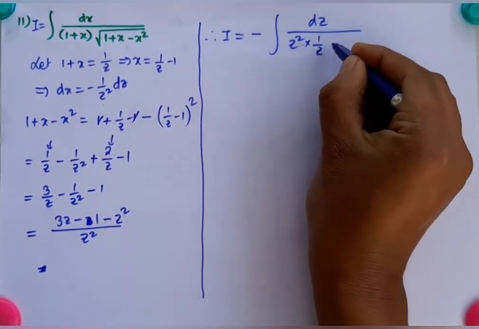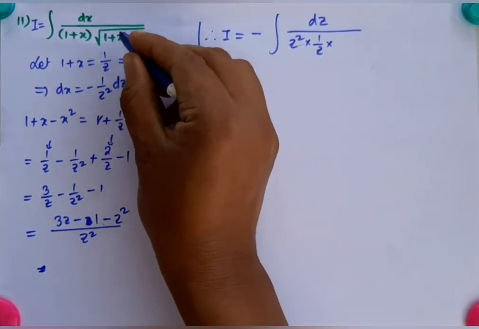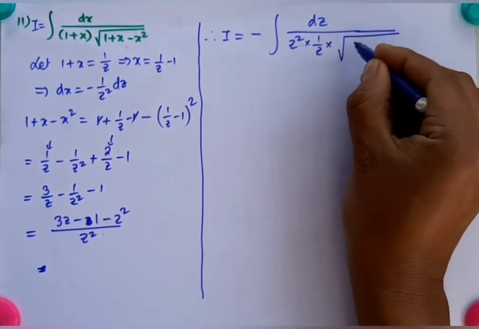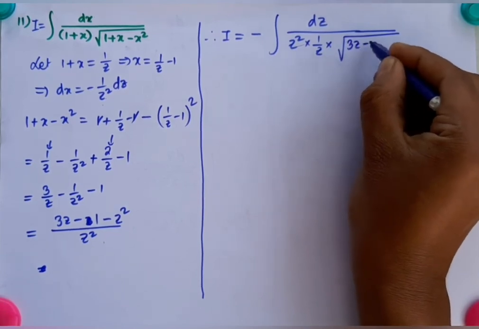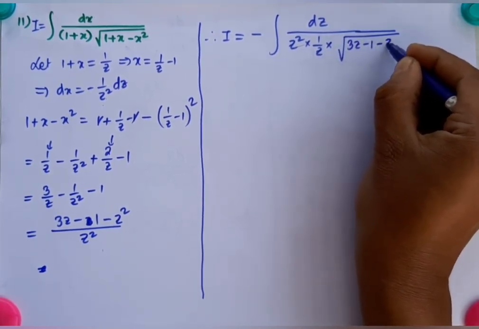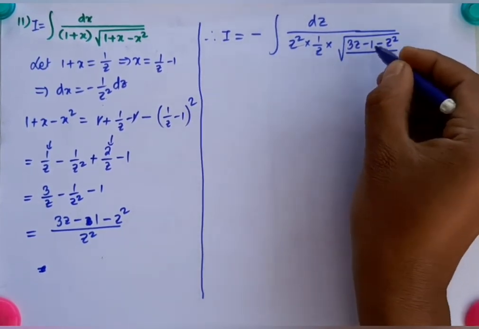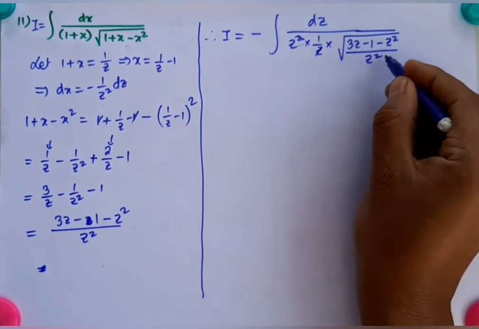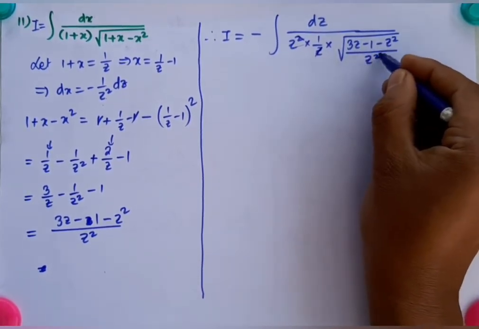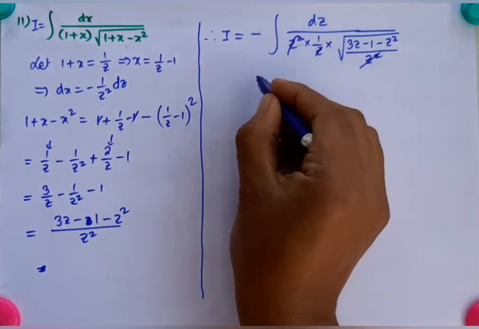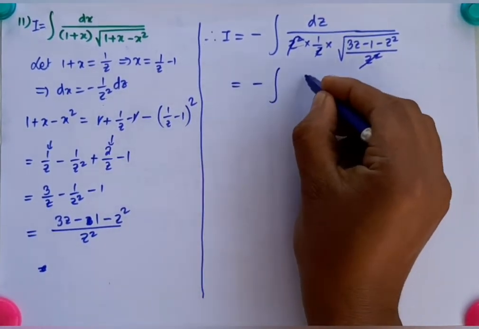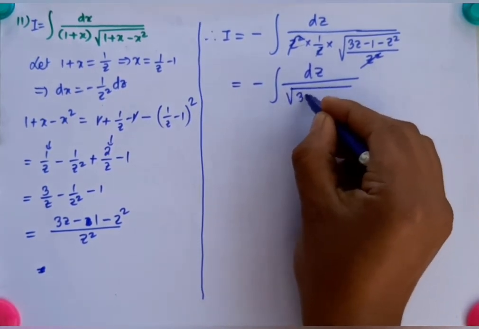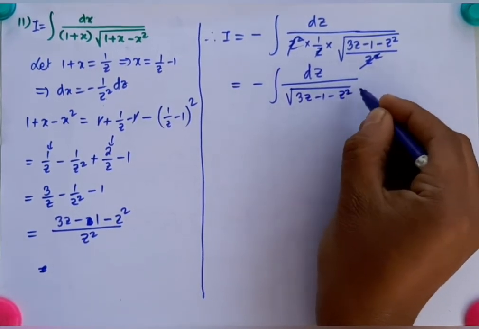So this is 1 by z into the square root of this full thing, which is equal to square root of 3z minus 1 minus z square by square root of z square. Again, as usual, this and this get cancelled. The square root of z square will be z, so that z and this z will also get cancelled. So you will get integral of dz by square root of 3z minus 1 minus z square.